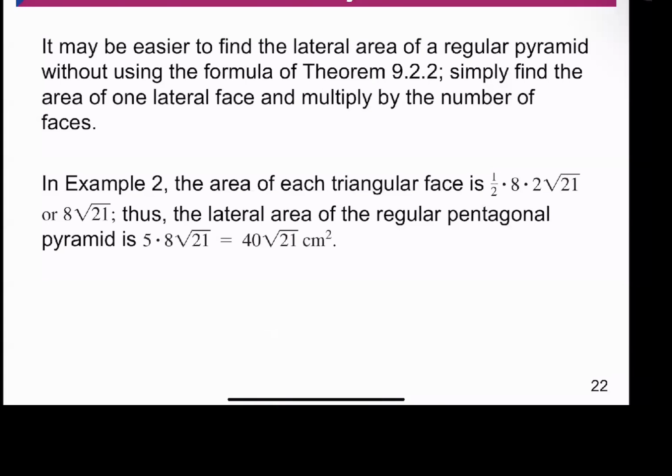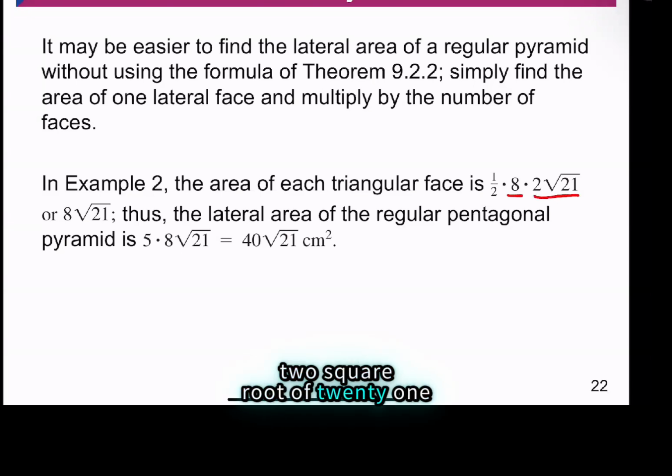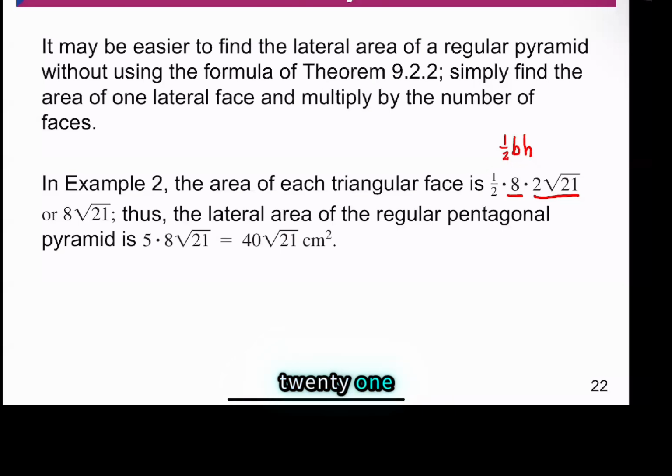In example 2, the area of each triangular face is 1/2 of base times the height. So that would be 1/2 of the base, which is 8, and the height, which is 2 square root of 21. So 1/2 base times the height, or simply 8 square root of 21.